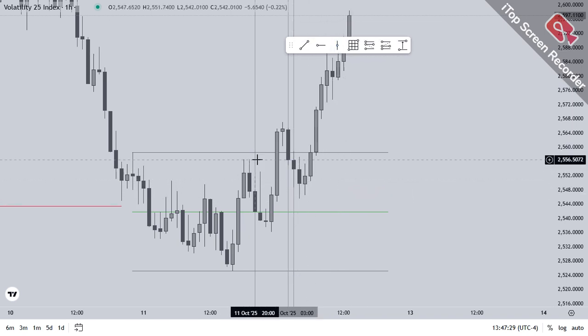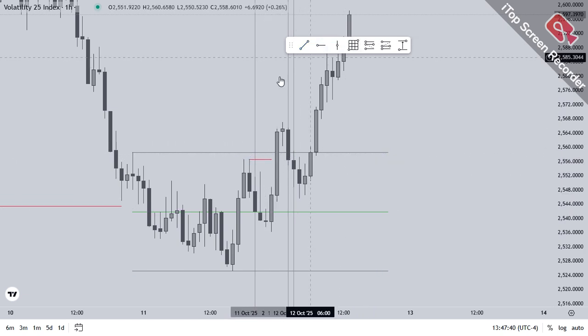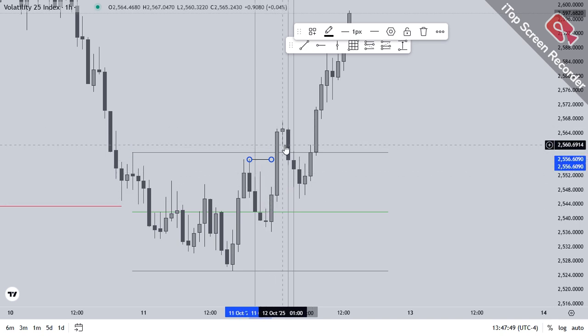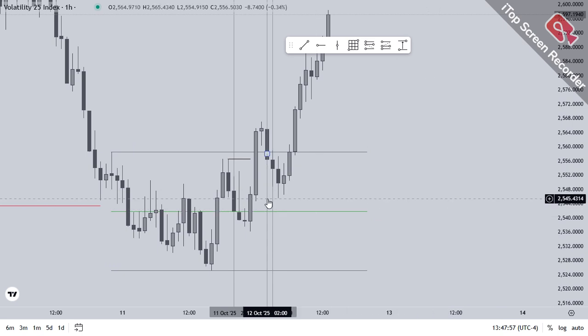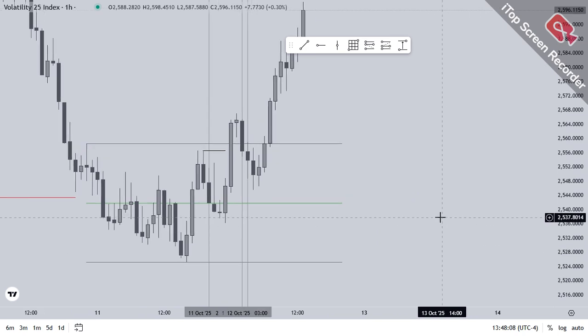But overall, we can see that the market structure is bullish, because we have this break of structure here, right? So we had the whole of this gap to fill, which after taking this high meets the reversal rule: before the start of the New York session, there must be a sweep of the previous day's high or low, depending on the direction we are looking at.